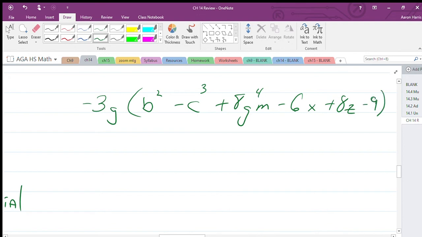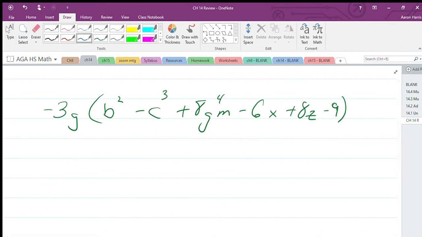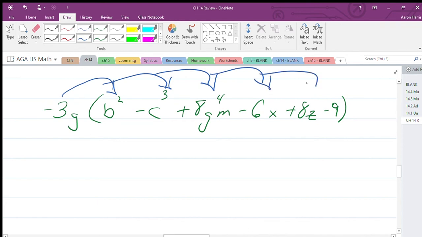So you're looking at that and going, oh my goodness, Mr. Harris. Well, all I'm going to do is distribute that to every term. Doesn't matter how many terms I see, I distribute it to every term. So I have 1, 2, 3, 4, 5, 6 terms. So I'm going to multiply it to 6 terms.